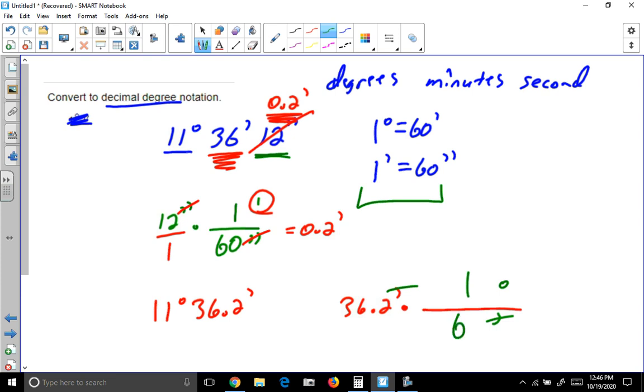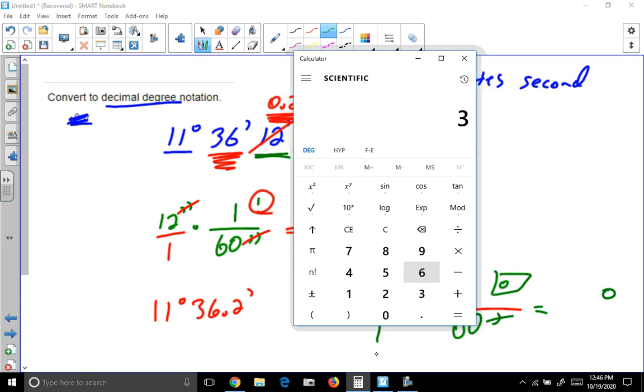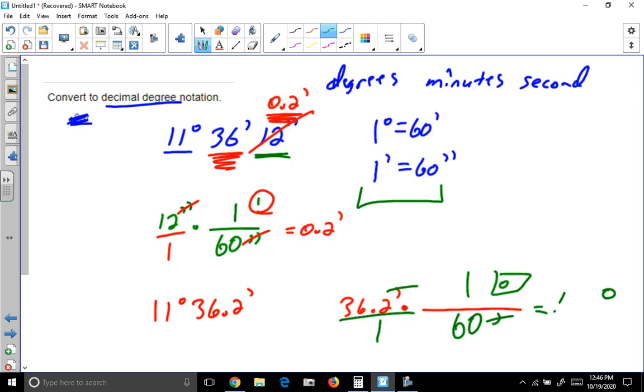Well, 1 degree is 60 minutes. So we're left with units of degrees. We have 36.2 on top, 60 on bottom, so 36.2 divided by 60 gives us 0.603 repeating.